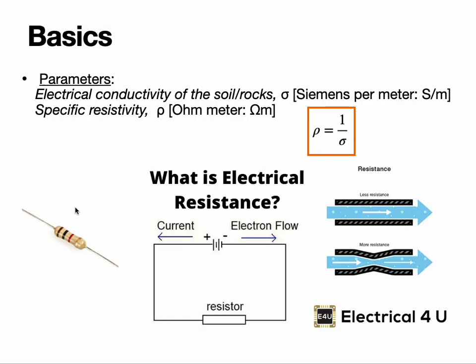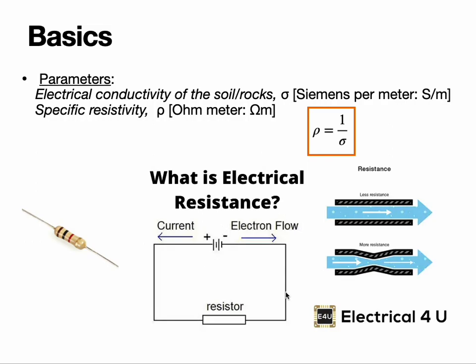So just for the basics, what's the electrical resistance? You all know what a resistance looks like, but we need to make the link now with the subsurface. A resistor in an electrical circuit looks like this, and here you would have a battery. So the plus and the minus here, the current is flowing from the plus to the minus, and it's passing through the resistor.